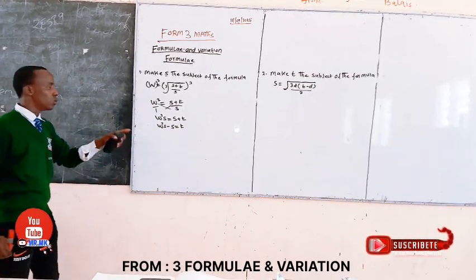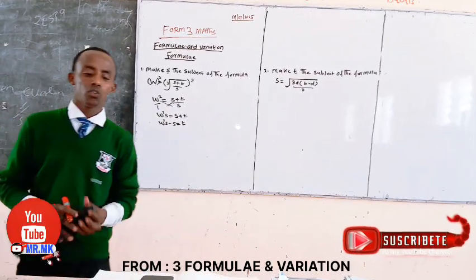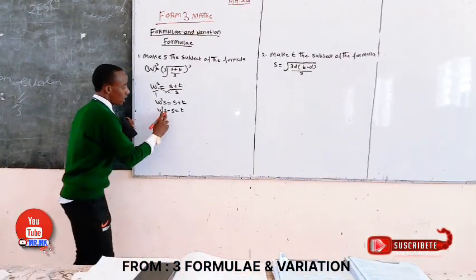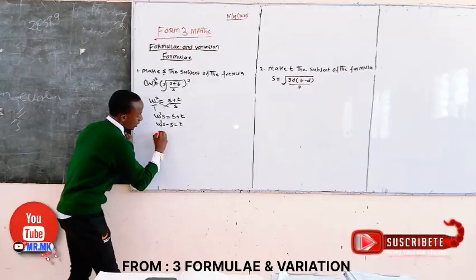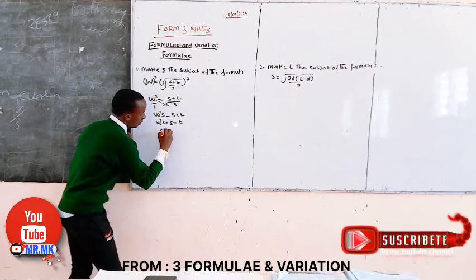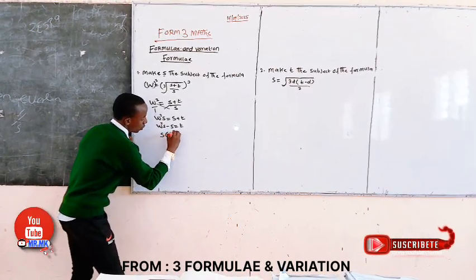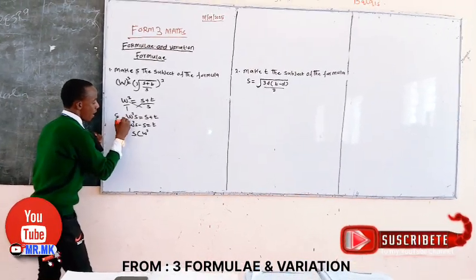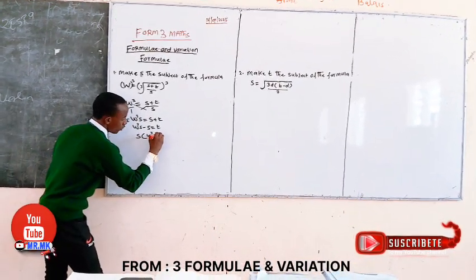Now from there, you factor out S from the equation that we have. We factor out S outside into a bracket: W cubed S divided by S will be W cubed, and negative S divided by S is negative 1.